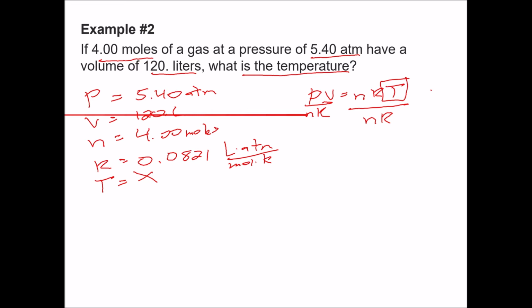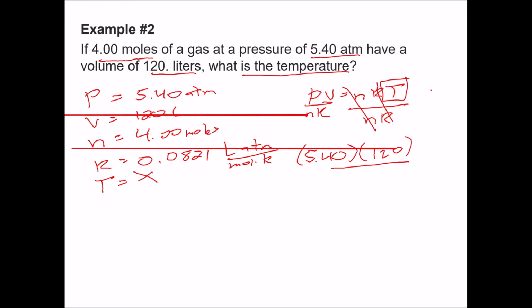All right, so the n and the R cancel out. I plug in my variables: 5.4 times my volume, which is 120, divided by n, which is 4, divided by my R, which is 0.0821.